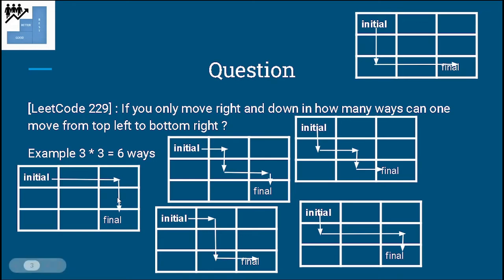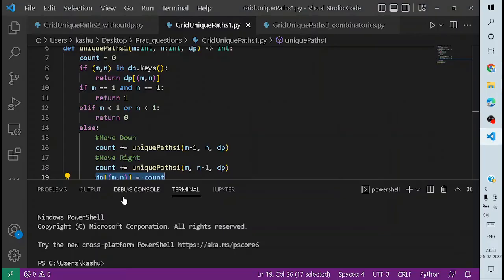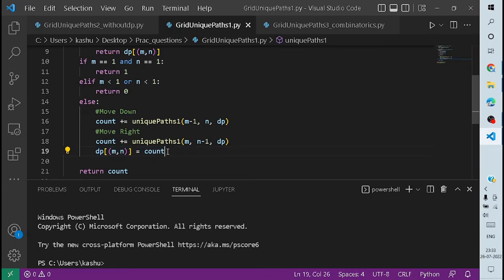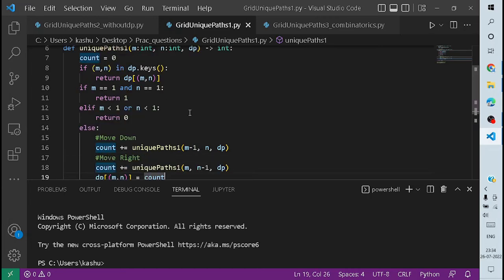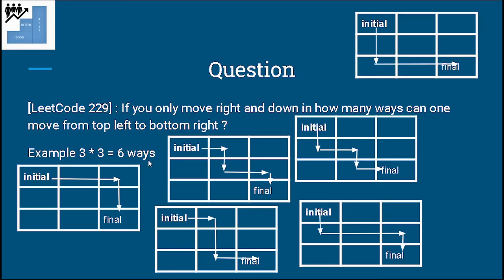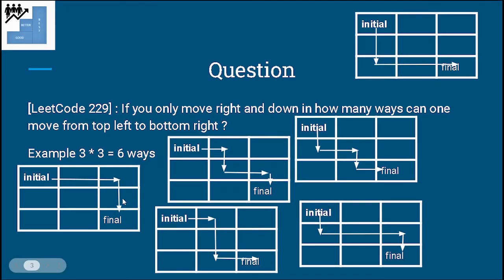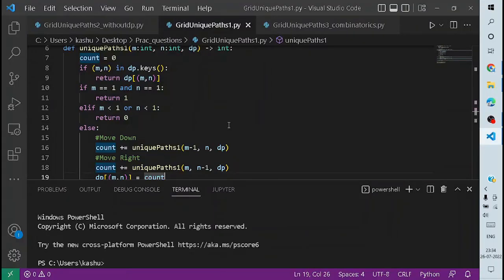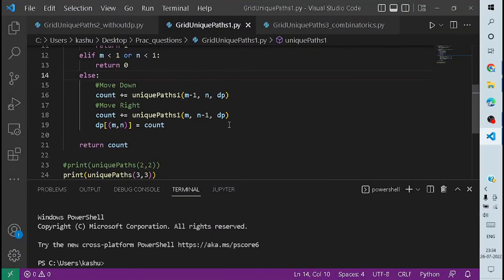So after having reached over here, I will just check whether 1 comma 1 exists, and if it does exist, I will just use that solution instead of computing it. So then I will have the value over here. Then let's say if I have to compute some other value which is dependent on this value, then I will use this value instead of computing again. This will save me a lot of time.